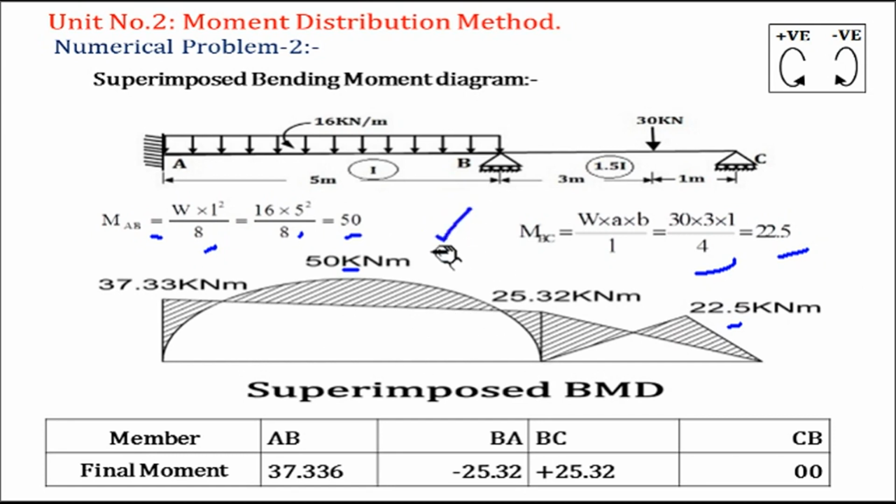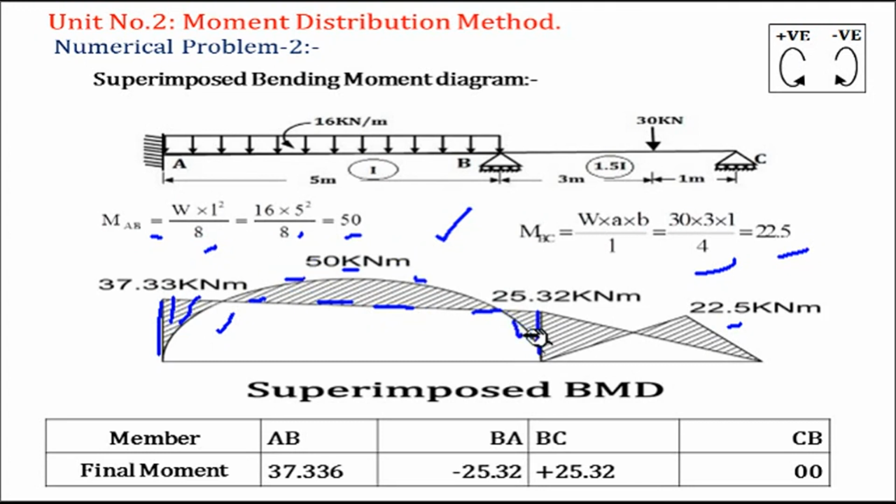So this is nothing but your bending moment diagram, the combination of free bending moment diagram and fixed end bending moment diagram. Now whatever single portion is not overlapped, you have to hatch. This portion is your fixed end moment portion, and this is your portion of free bending moment diagram, this parabola.